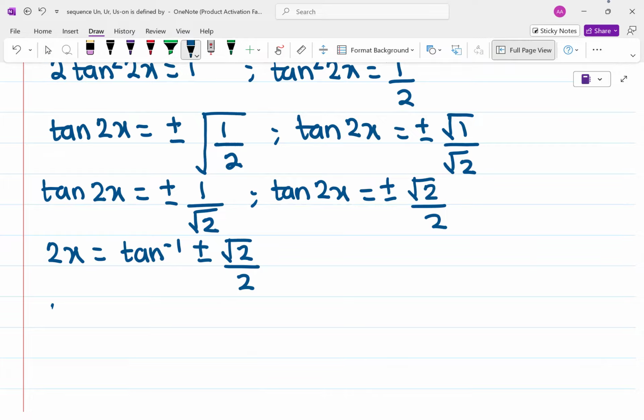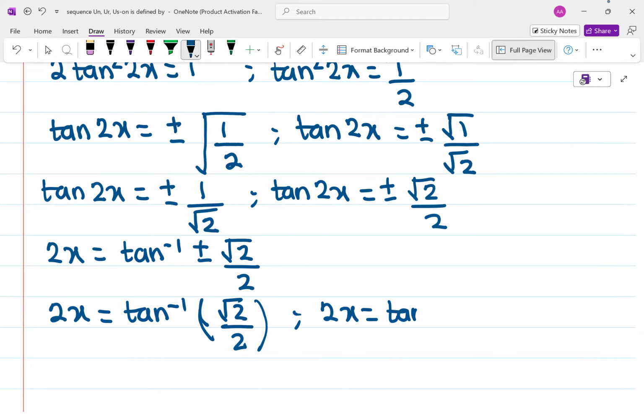So I have this to now become 2x is equals to tan inverse of root 2 over 2. So that will now become 2x is equals to tan inverse of 0.7071. So I have my 2x is equals to 35.2641.